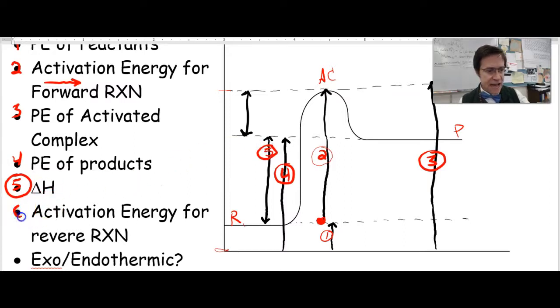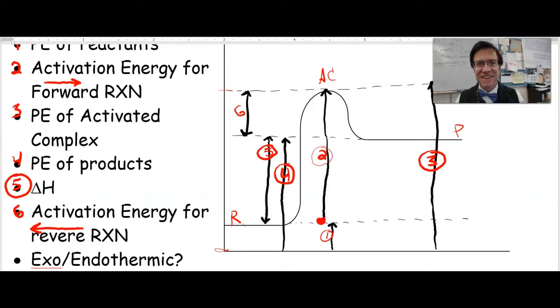And 6, activation energy for the reverse. Remember, we're going to go that way for reverse. So I'm going to start at my products and have to go all the way up to here. So I need a line that represents the difference between this energy and this energy, like 10 and 12, whatever. From here to here. Ooh, there it is right there.